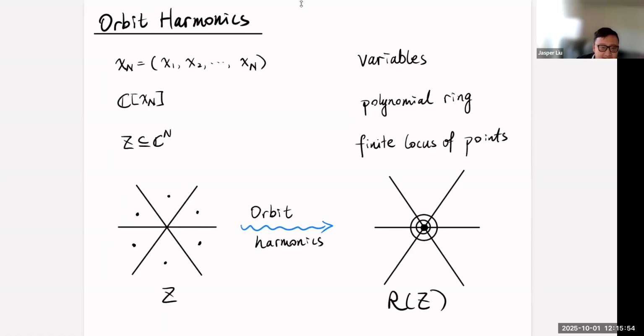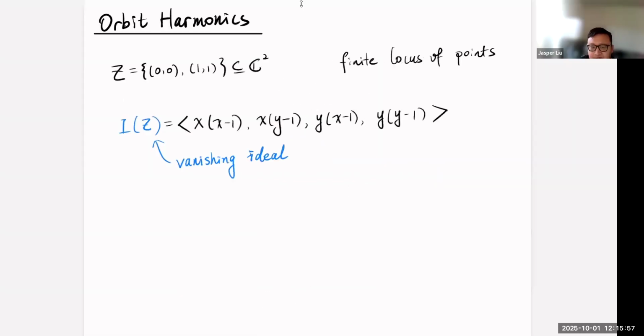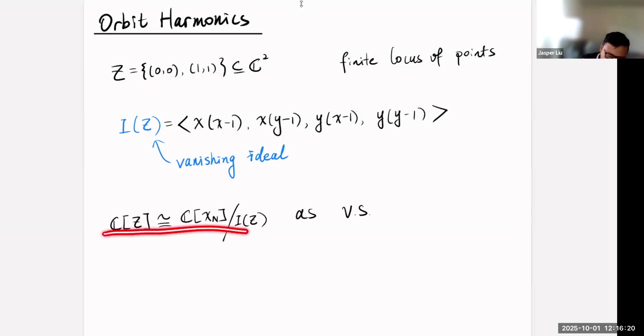And algebraically, here's what's happening. If we have a finite locus of points Z, we can take I(Z), which is the vanishing ideal of it. It's just the ideal containing all polynomials that vanish on all the points in Z. And the classical result is that the coordinate ring is just the polynomial ring quotient by the vanishing ideal.